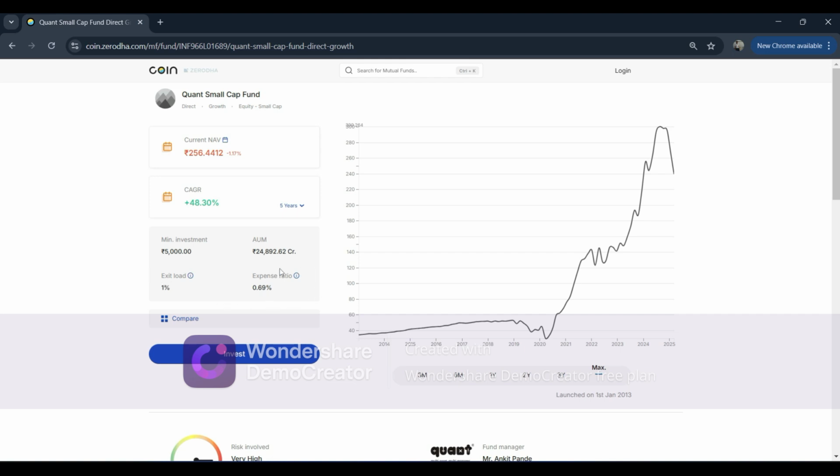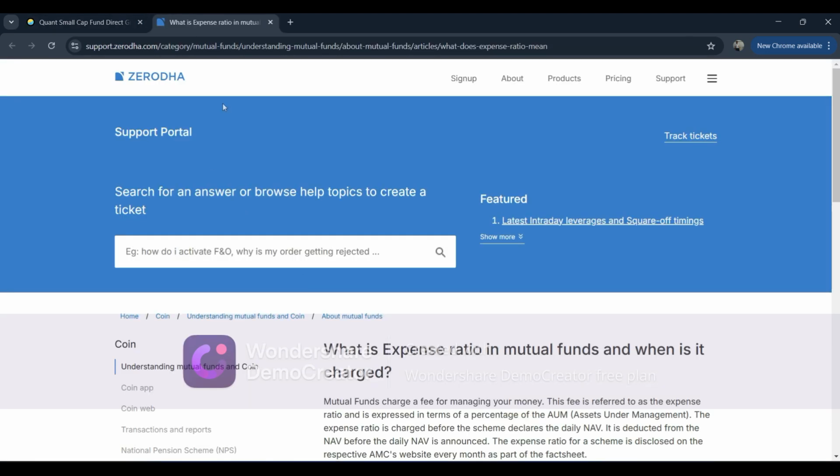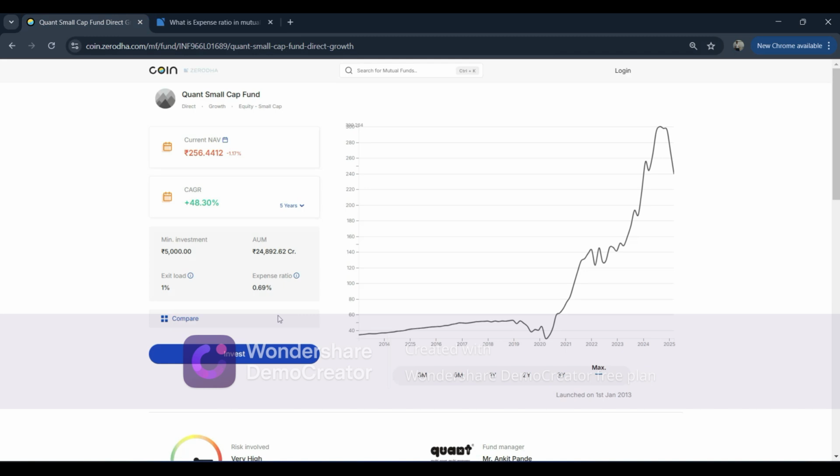Expense ratio. So what does this word expense ratio state? Expense ratio is the amount that the mutual fund charges for providing you the service of a mutual fund. So the company charges for a specific service. You are opting for a service from a mutual fund or a specific company.